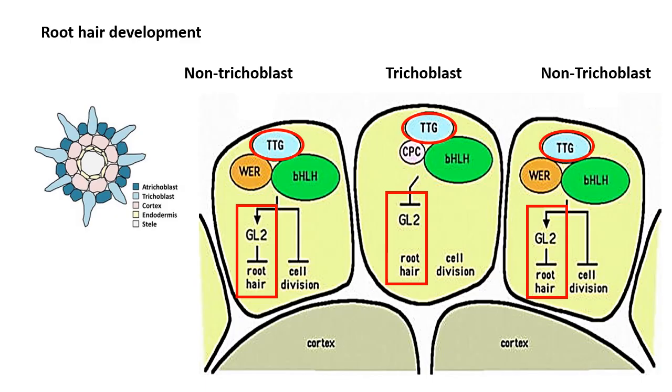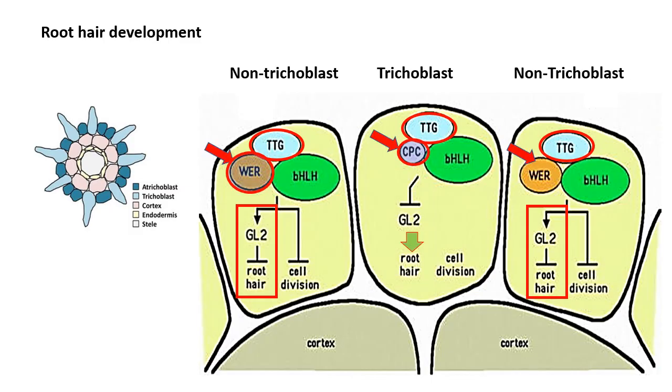So as we can see here, TTG along with CPC will regulate the formation of a root hair, whereas TTG along with WER functions in the inhibition of the root hair. Here it is highlighted in detail.